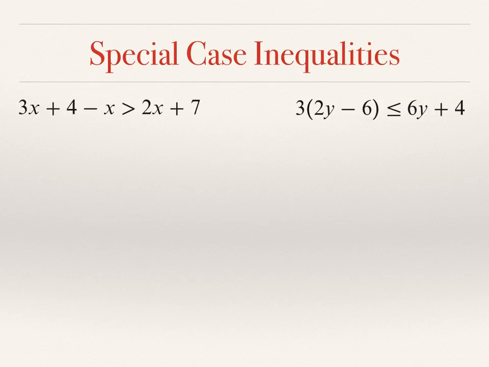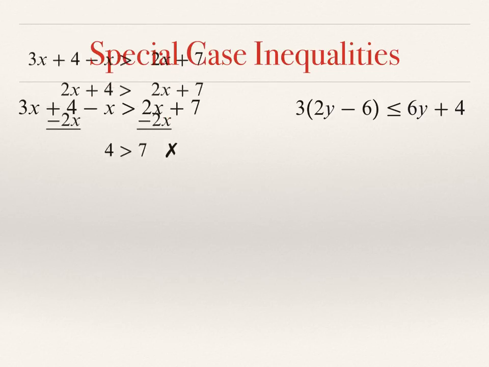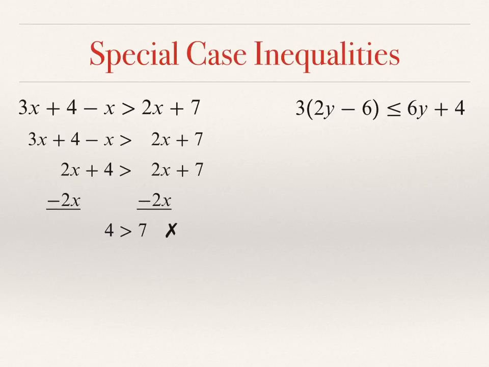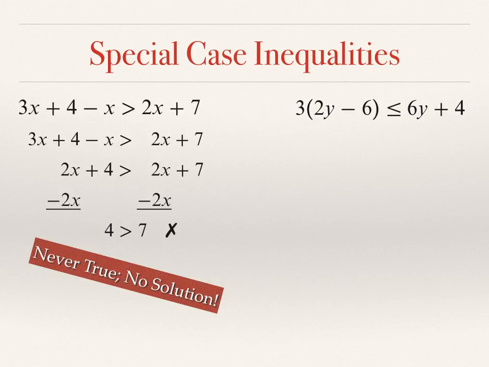You're then going to subtract 2x from both sides, and you're going to end up with something that is going to make you look twice. Because there is no variable, you're left with a number 4 is greater than a number 7. Now you know that is not true. Therefore, because it's never true that 4 is greater than 7, there is no solution to this inequality. In other words, no value of x will make that inequality true.